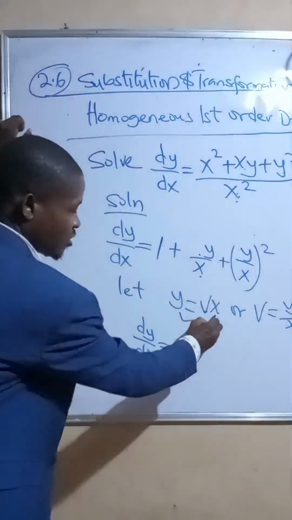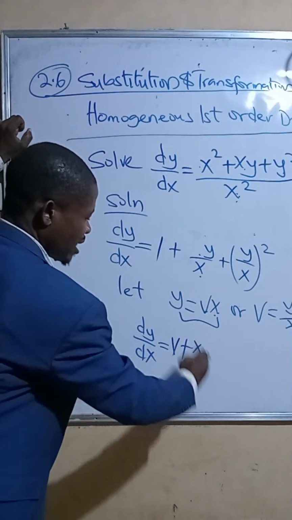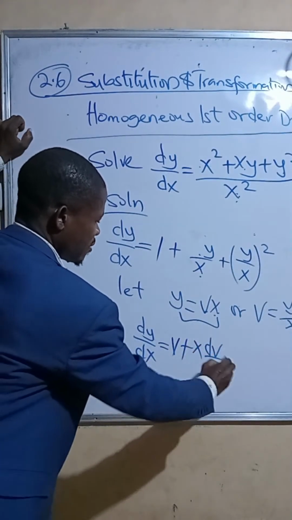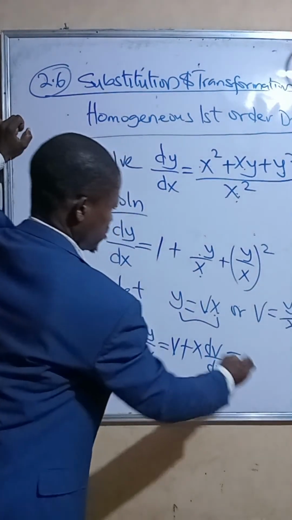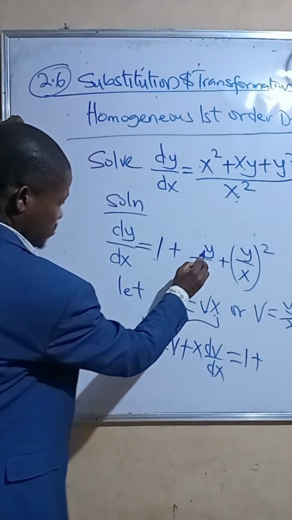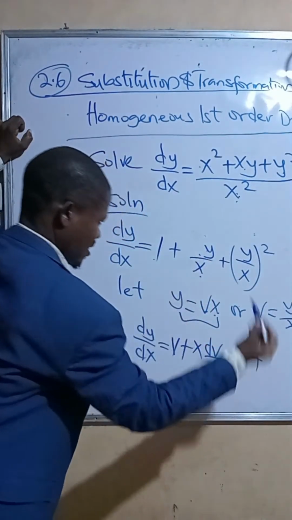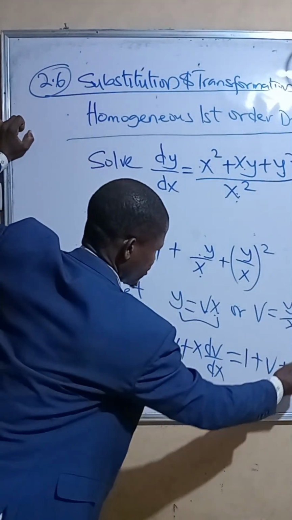Differentiate the second one, that's 1, keep your v constant. Now keep your x constant and differentiate the v with respect to x. Equal to, make substitution for the right side, 1 plus y over x plus y over x squared. That's v plus v squared.